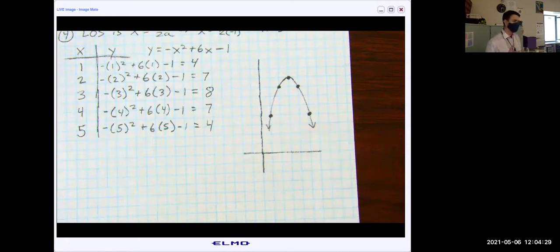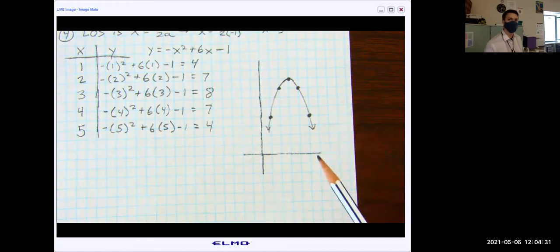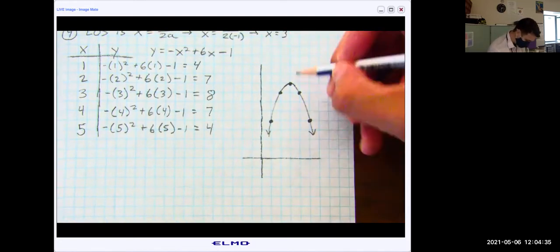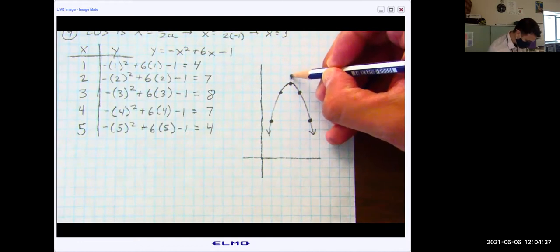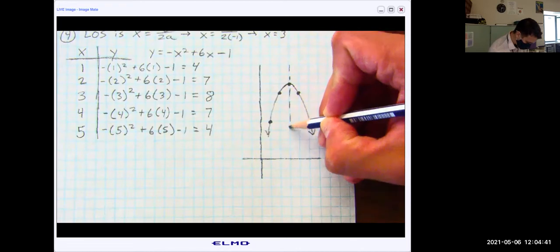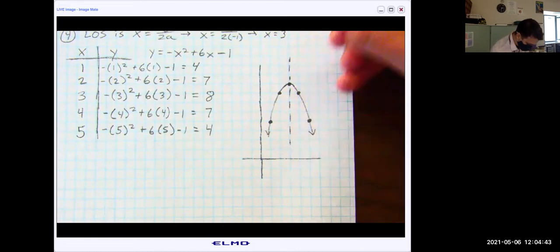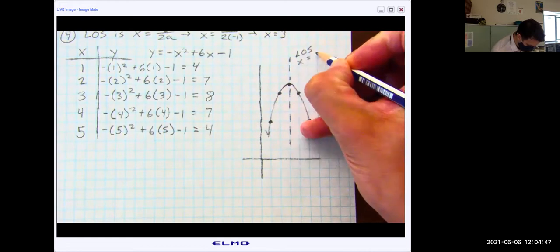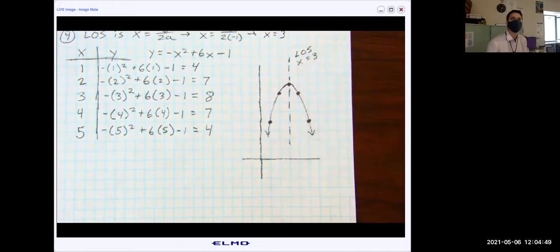Now, there are 2 more things you need to do in your graph, in your homework today before you're done. The first thing is you need to draw in your LOS. Your LOS is a dashed line that splits your parabola in half. And then we label it. The LOS was x equals 3.